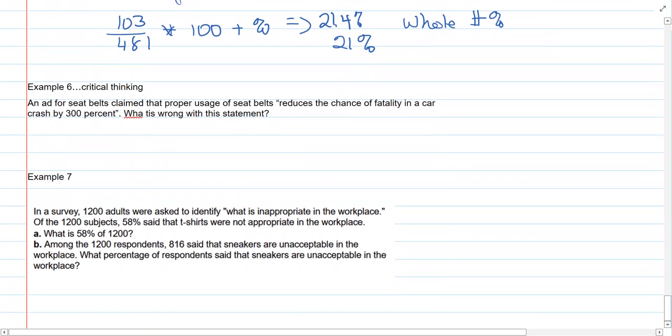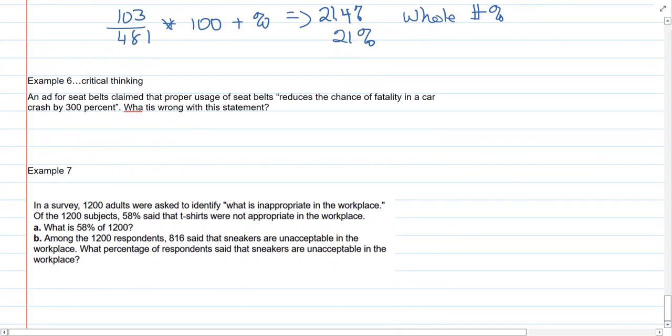An ad for seat belts claimed that proper usage of seat belts reduces the chance of fatality in a car crash by 300%. What is wrong with this statement? Well, first off, 300% is triple the reduction, which is impossible.